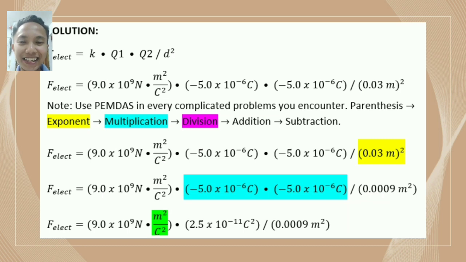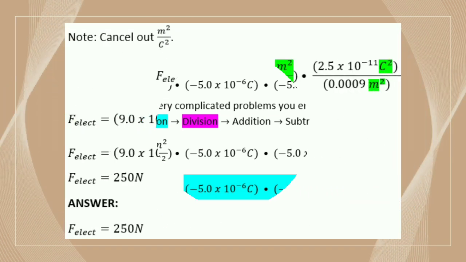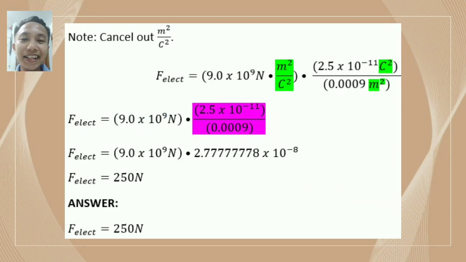Now let's proceed. Again, let's all remember to cancel out the units. The unit of Newton will always be the remaining unit from the Coulomb's law constant.